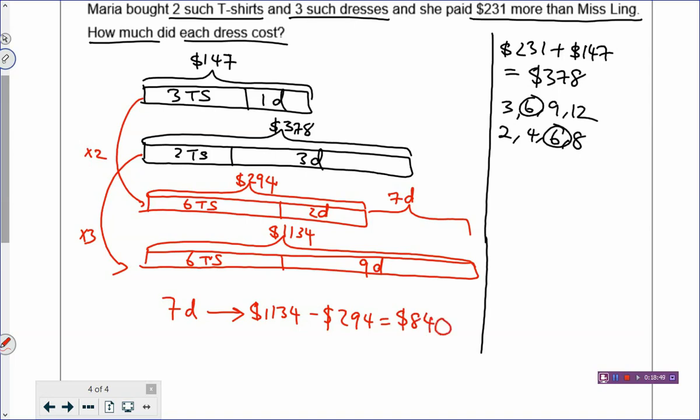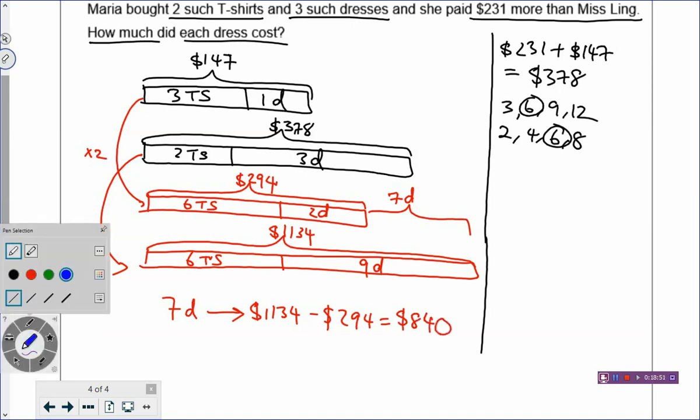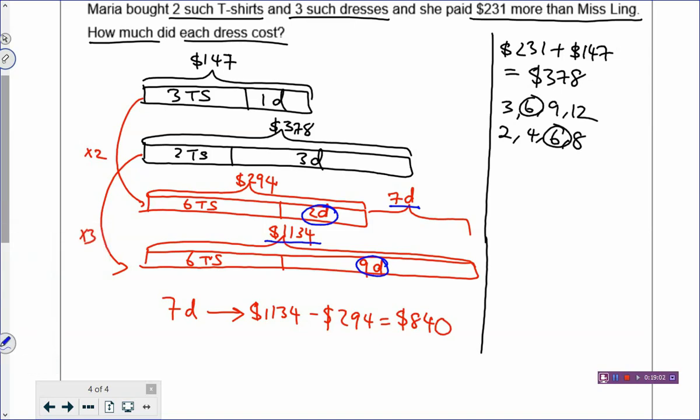One more time, let's look at the model again. You take 9 dresses minus 2 dresses, and you get a difference of 7 dresses, right? And then you look at the whole number, which is 1134, and you minus 294, and you get $840, which means that your 7 dresses is $840.